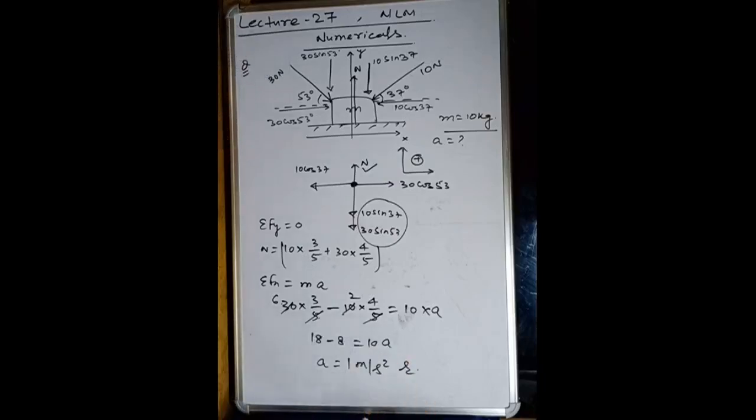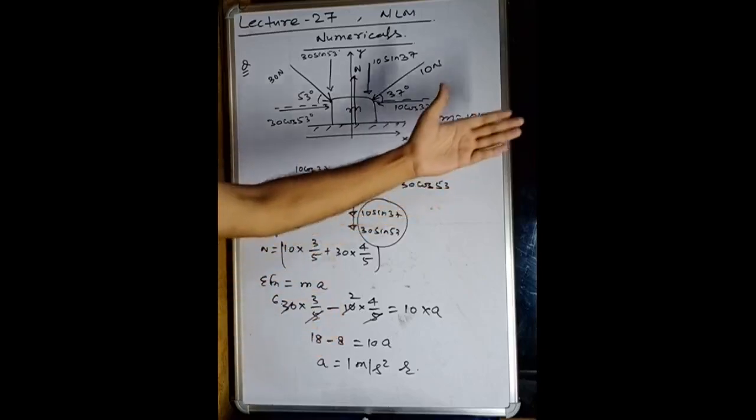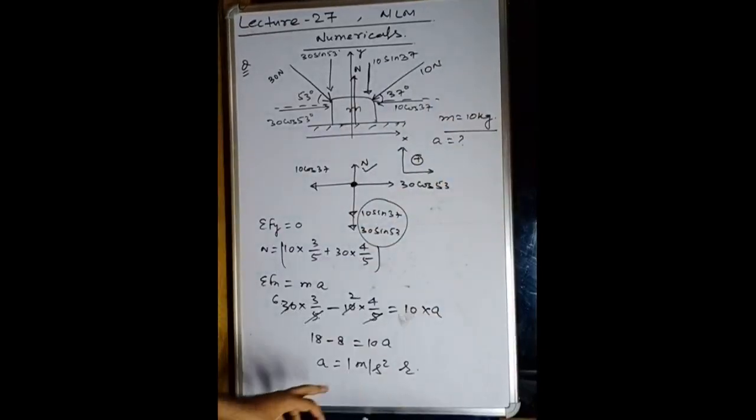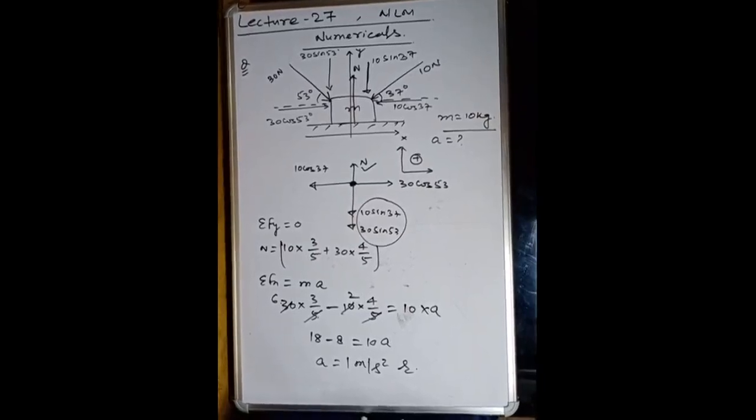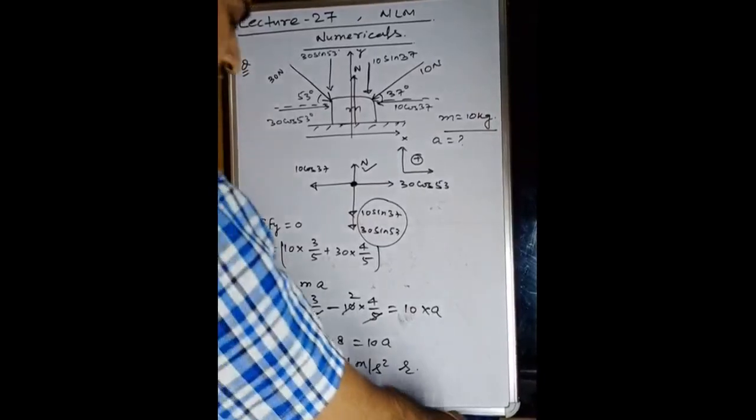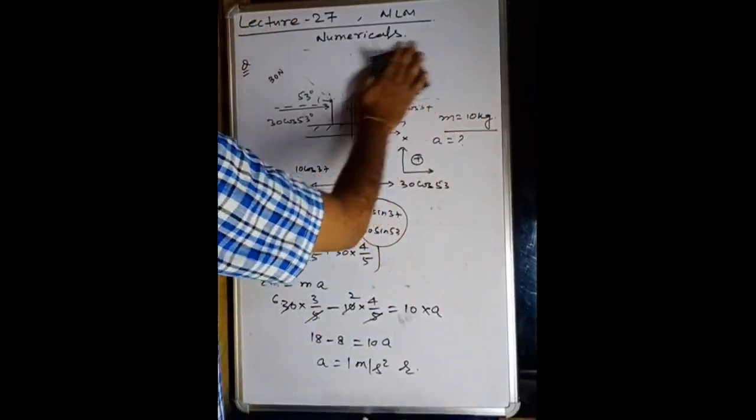And it is positive. It means the body is moving in the same direction that we have considered, along this one, with an acceleration of 1 meter per second square. Okay, my dear students. Now, next question we are going to solve here.